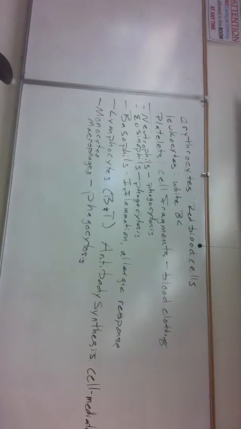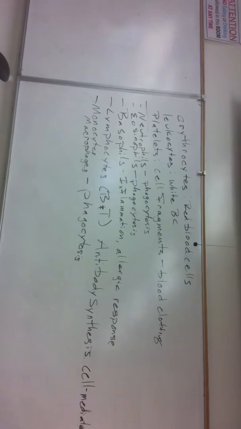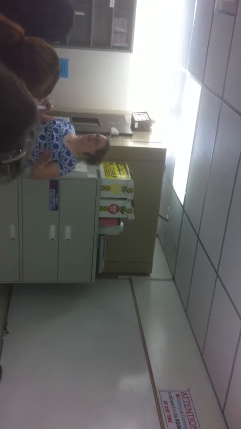Does that make sense? I'm sorry, but would all of those technically be considered white blood cells? That's why the white blood cell is not specifically a second line, it can be second or third line.